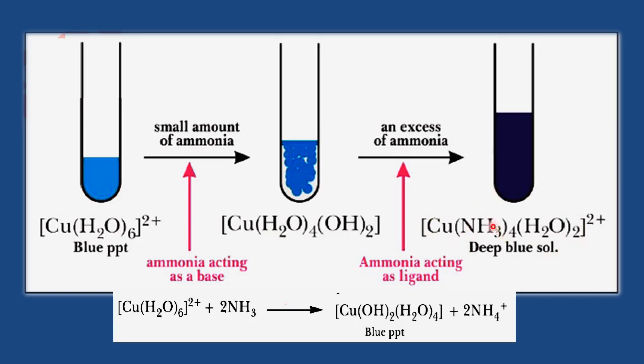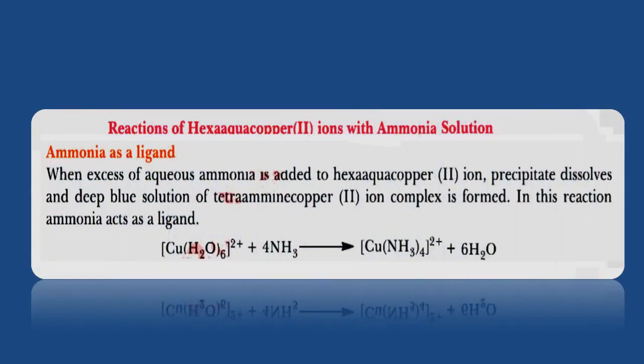Students, as we have discussed, ammonia also acts as a ligand. When excess ammonia is added to hexaaqua copper(II) ions, precipitates dissolve and a deep blue solution of the tetraammine copper(II) complex is formed. In this reaction, ammonia is going to act as a ligand.